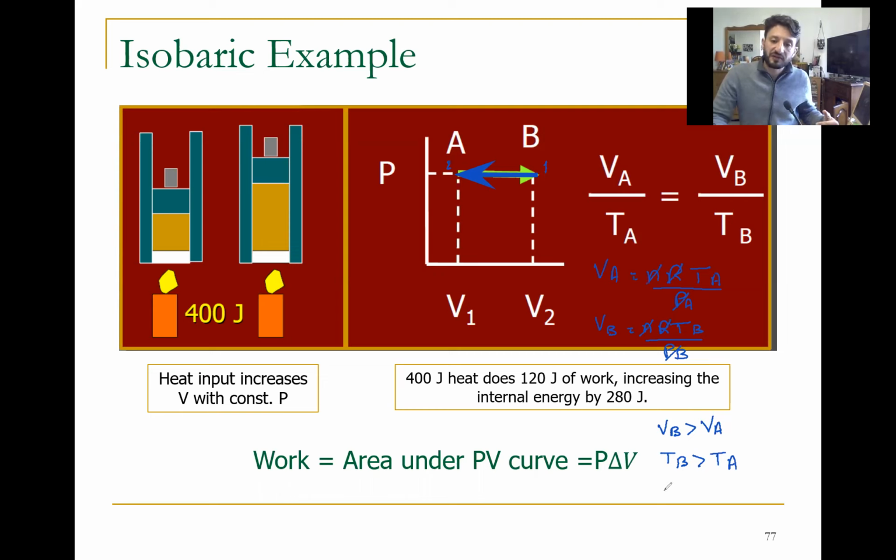So delta V equals V final minus V initial, equals VA minus VB. So it's a negative value. So delta T, which is equal to T final minus T initial, is also negative. If delta T is negative, so delta U must be negative. If delta U is negative, so Q must be negative.